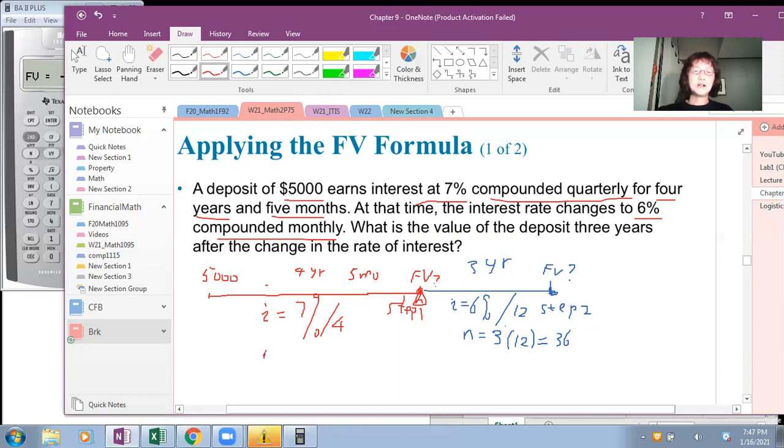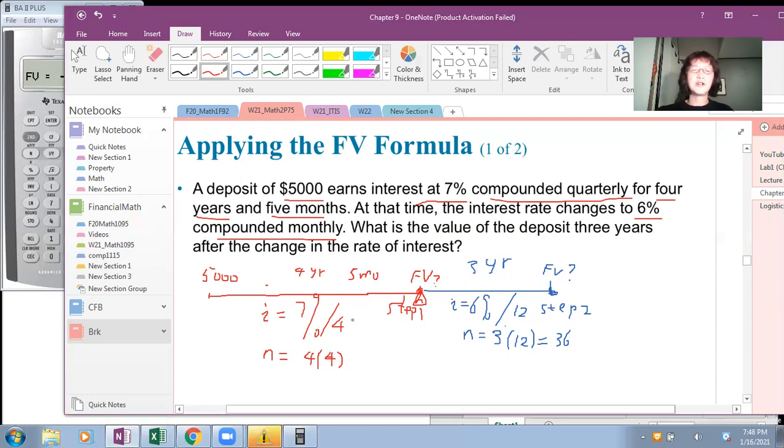And the term N equal to 4 years 5 months. 4 years has how many quarters? 4 times 4, 16 quarters, because 1 year has 4 quarters.